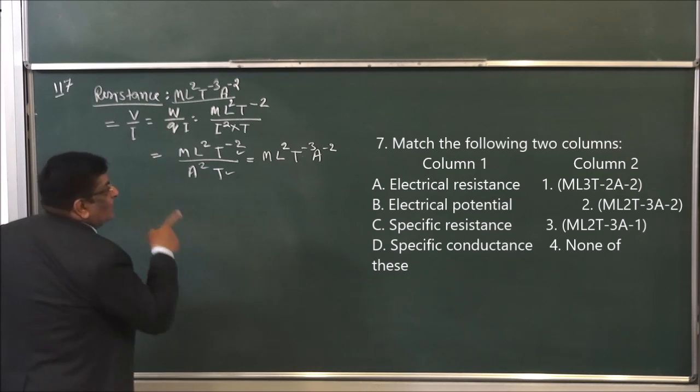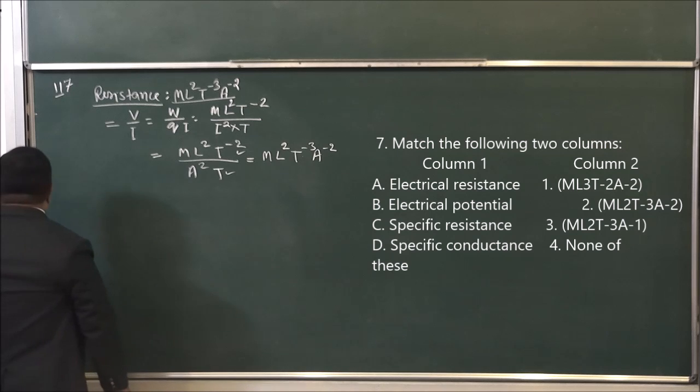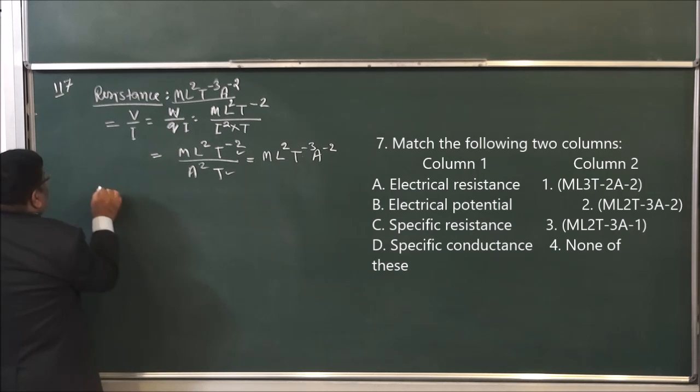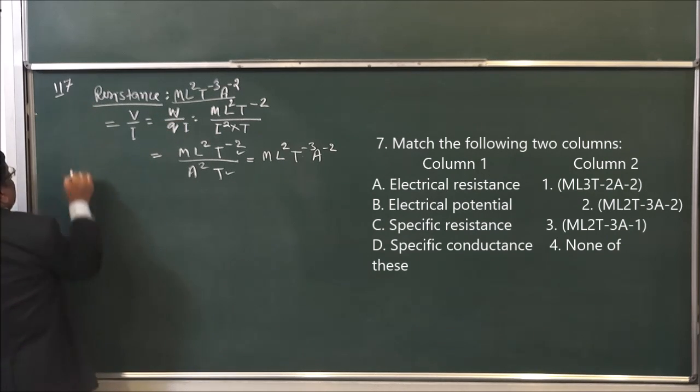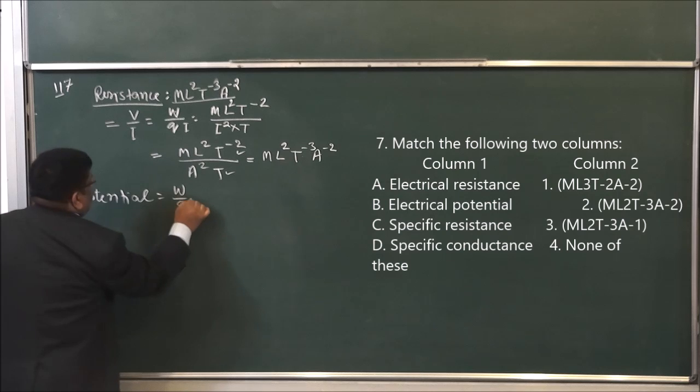Resistance. Now, see for the second quantity. The second quantity is electric potential. And we all know potential is equal to work per unit charge. So, V, potential, is work per unit charge.